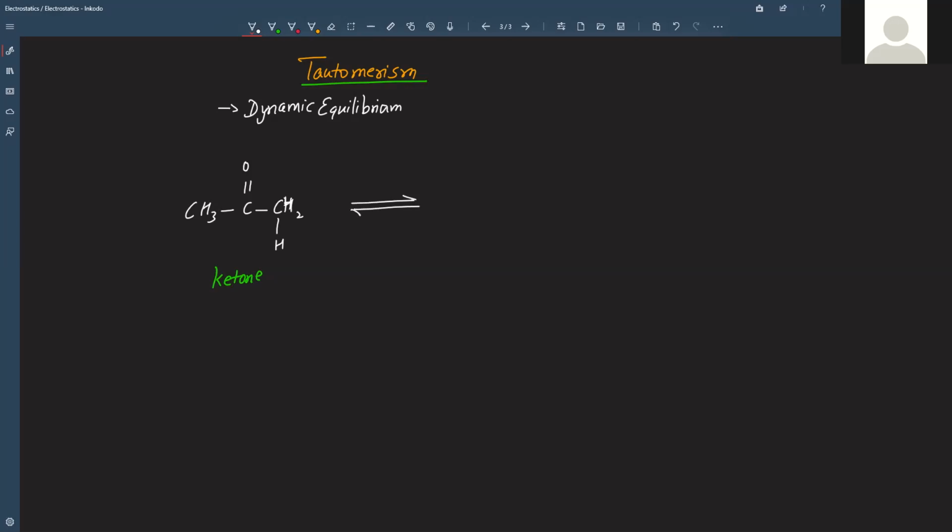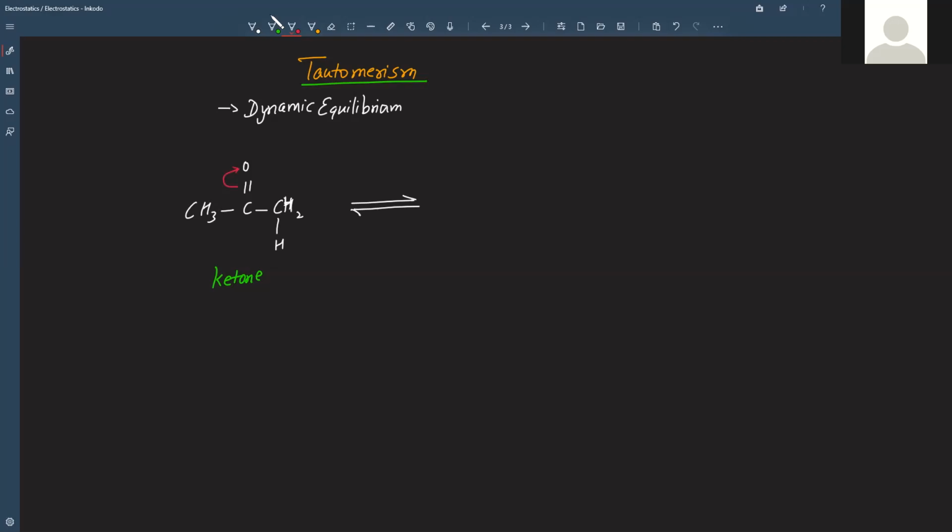What is that other form? Before seeing what that other form is, let us see what actually happens. This oxygen is slightly electronegative, so there is a double bond here, and this oxygen takes the electrons with itself.